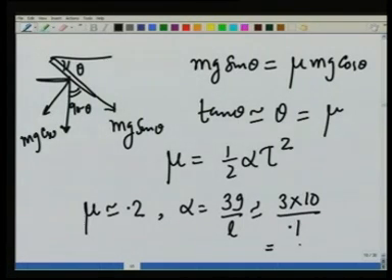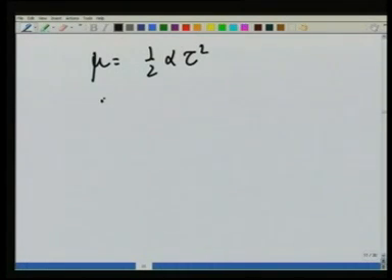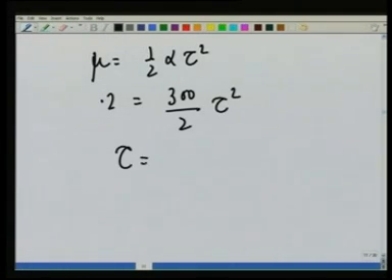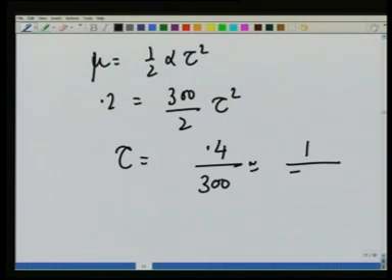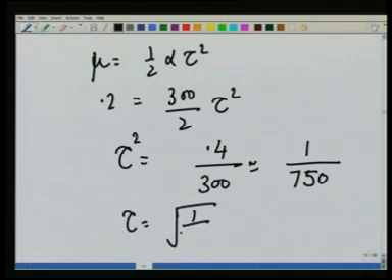So, that comes out to be roughly 300, and therefore, I have mu which is equal to 1/2 alpha tau square, 0.2 equals 300 divided by 2 tau square, or tau, the time for it to slip off is going to be 0.4 over 300, roughly 1 over 750 tau square, and therefore, tau equals root of 1 over 750, which I can write as maximum 1 over 30 seconds.